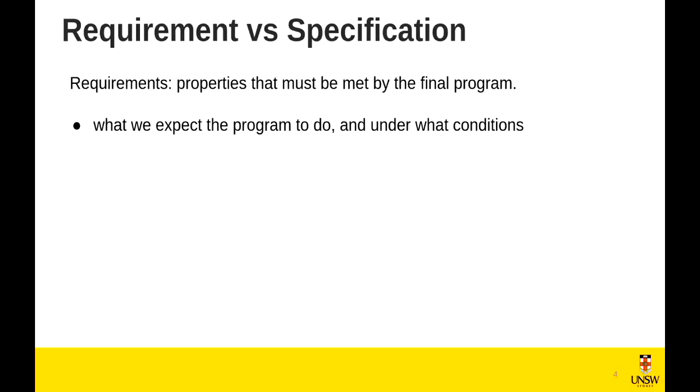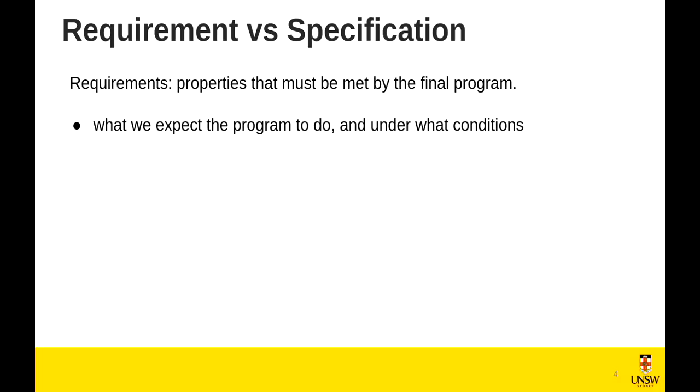When we talk about specifications, we need to know what exactly a specification is. What's the difference between a specification and a requirement? If you have done the software engineering workshop here, you may have encountered the term requirement engineering.